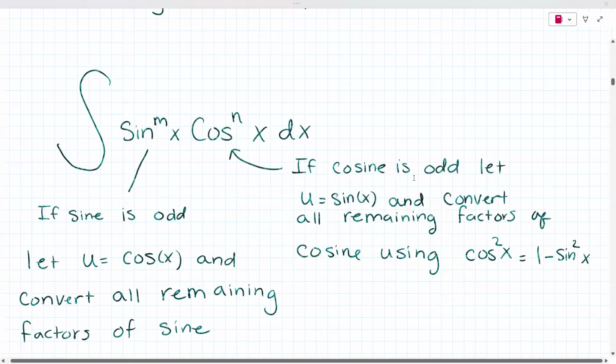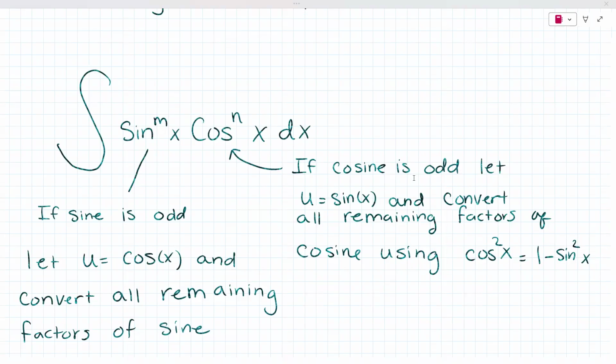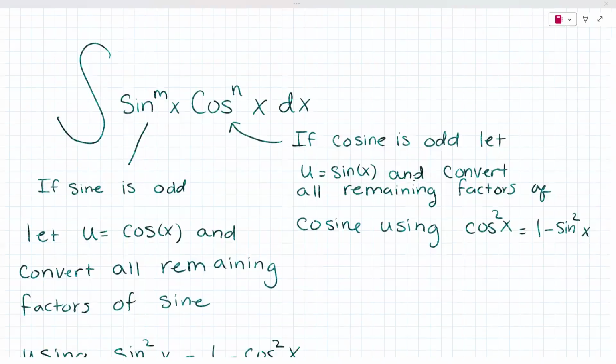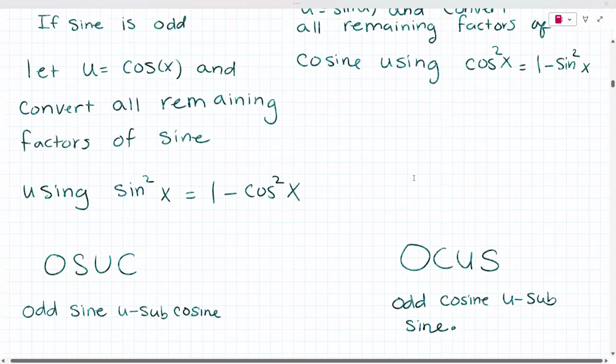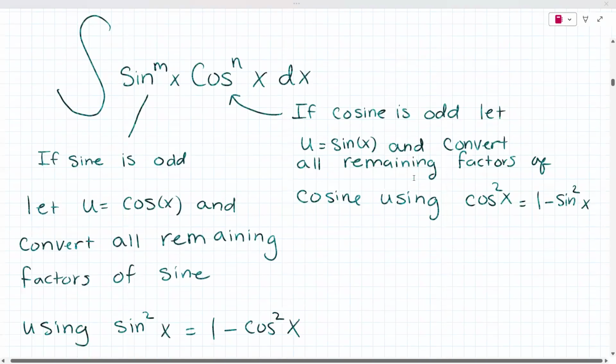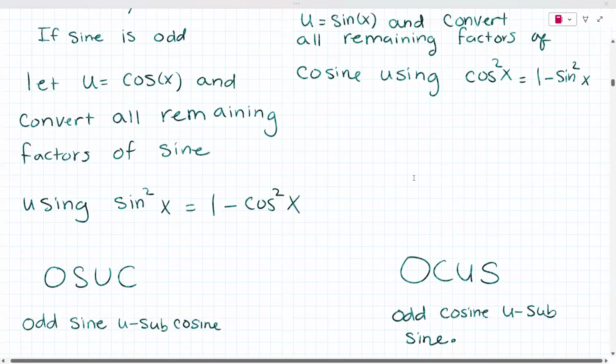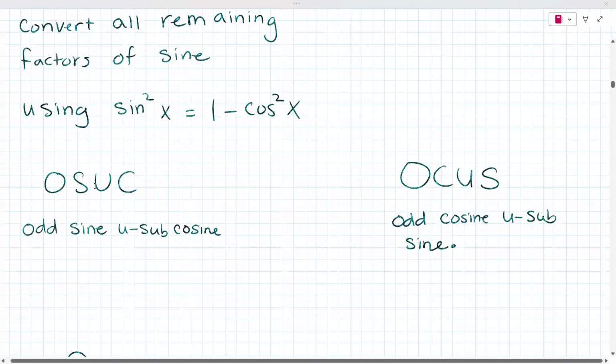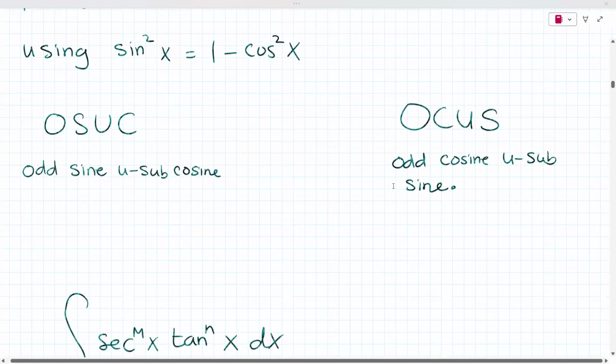You're probably thinking, what if both were even? So we'll go over that rule too when both the degrees are even. But right now, this is when sine is odd and cosine is odd. Okay. So if you need to write that down, go ahead. I don't know if this riddle helps.